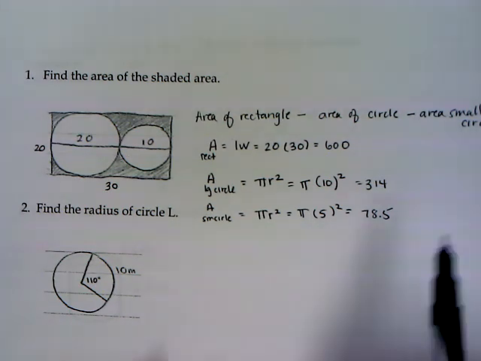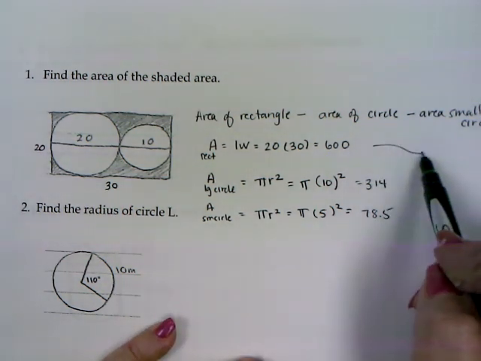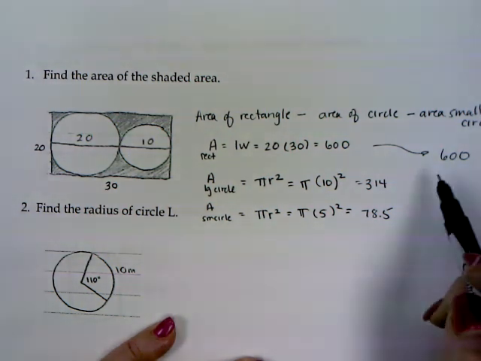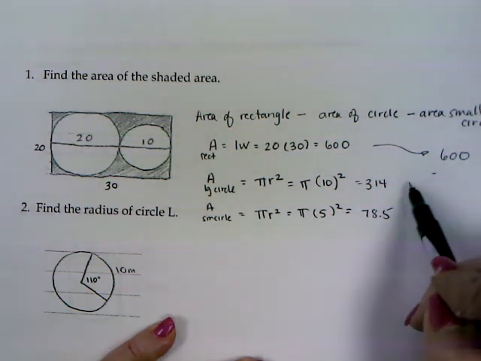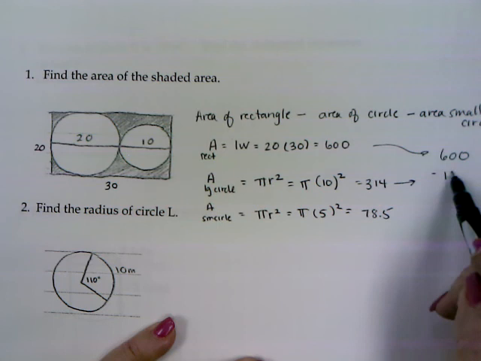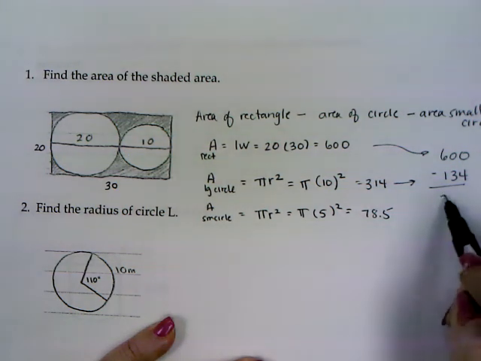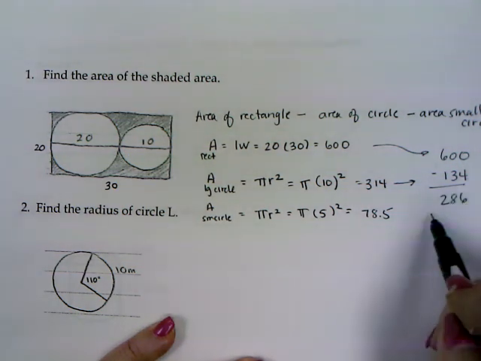Now I'm going to take the total area of the whole thing. I'm going to subtract out the large circle. Then I'm going to subtract out my small circle.